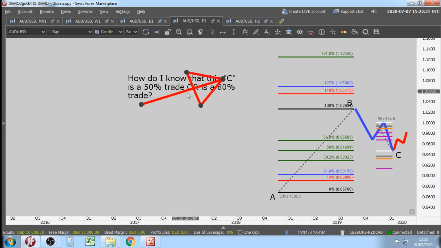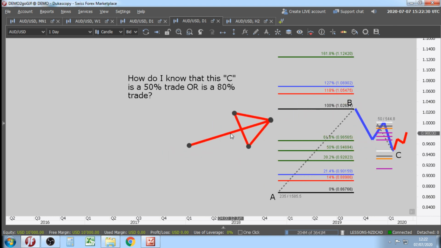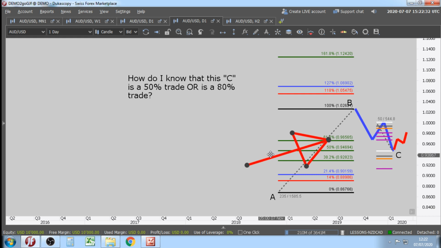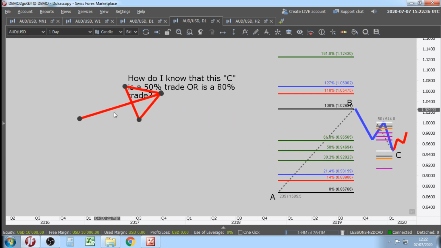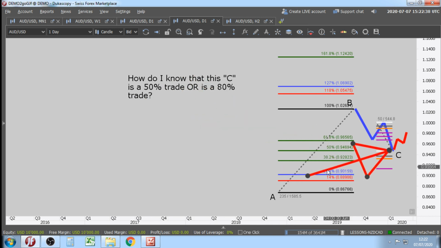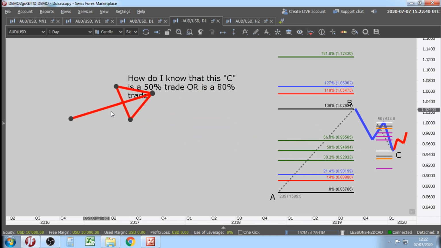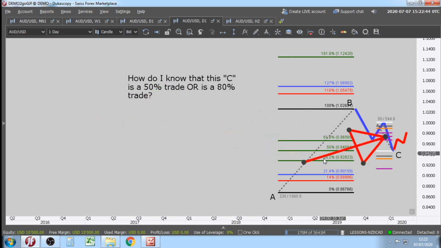How do I know that my entry from an original Fibonacci standpoint, on any time frame, 15-minute chart, 2-hour chart, 4-hour chart, daily chart, weekly chart, monthly chart, at the C is a 50% or an 80% trade?